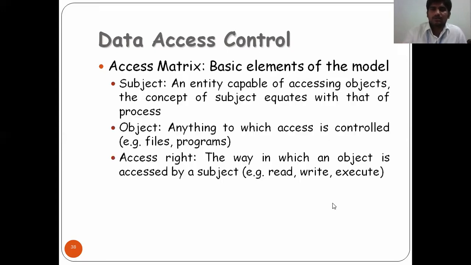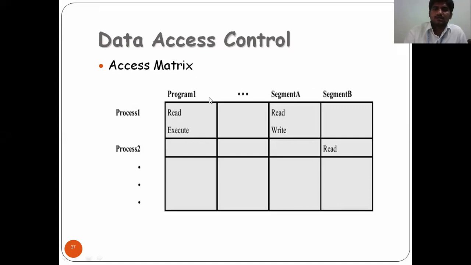I will show you the diagram. This is the matrix information. We have subjects here, process one and process two, and objects are here, and the access controls are here. If I take this column as one list, that is program one: process one can read and write, and program one, read and execute.